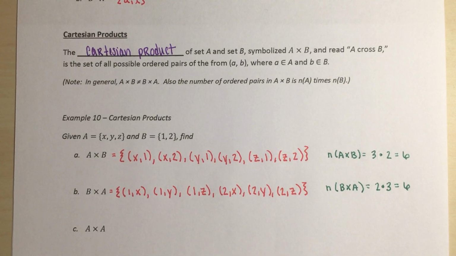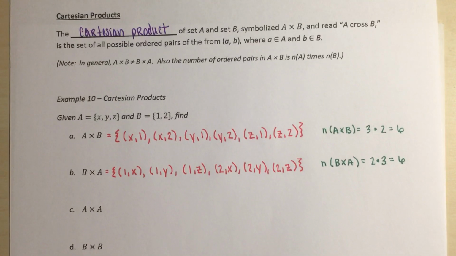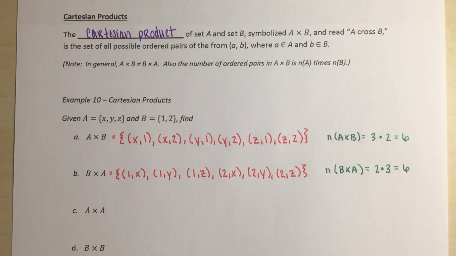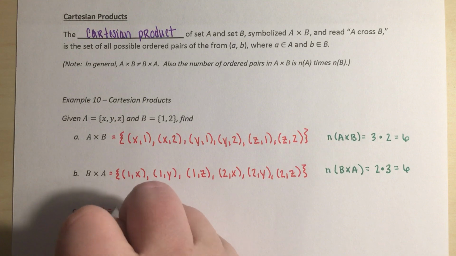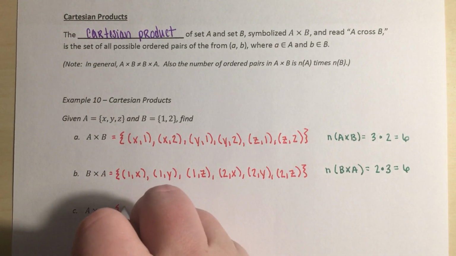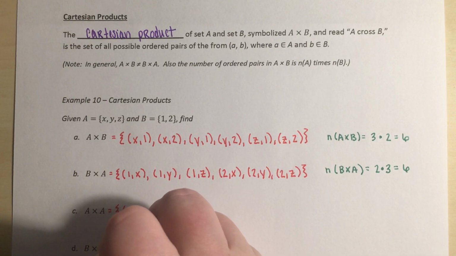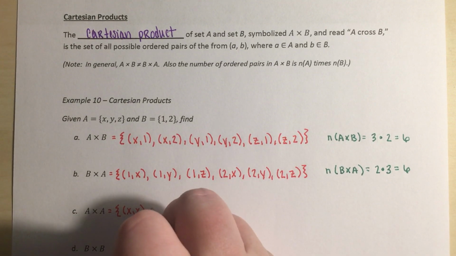Not only are we able to find Cartesian products of 2 different sets, we can also find Cartesian products of the same set with one another. So we're going to find A cross A. We're going to start with our first element X, match it up with itself.